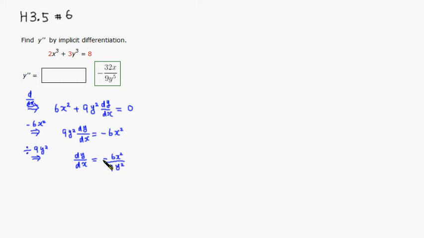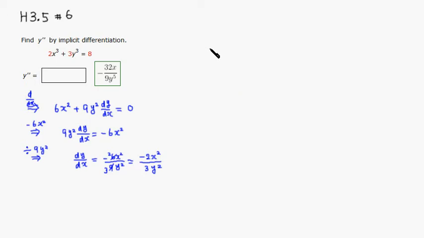So 6 and 9 both have 3 in them, so divide through by 3, so you get 3 here and 2 here. So this is going to give you negative 2x squared over 3y squared. Right? So that's the first derivative.